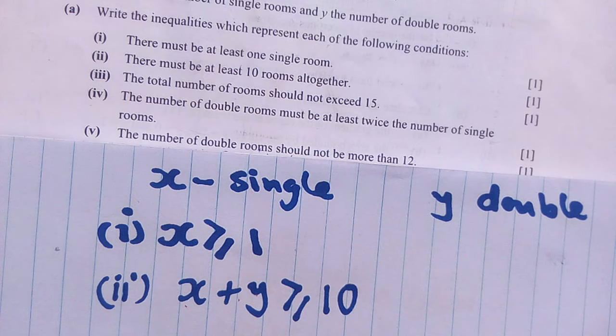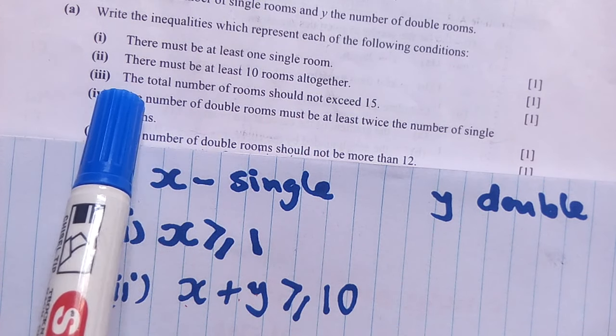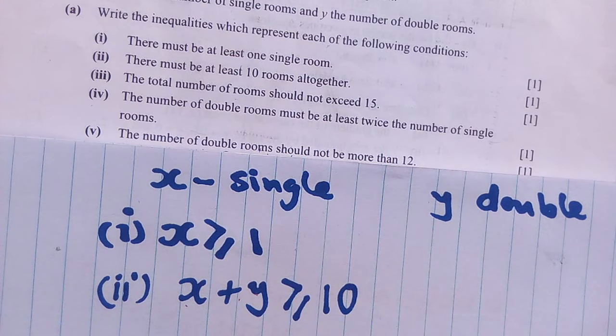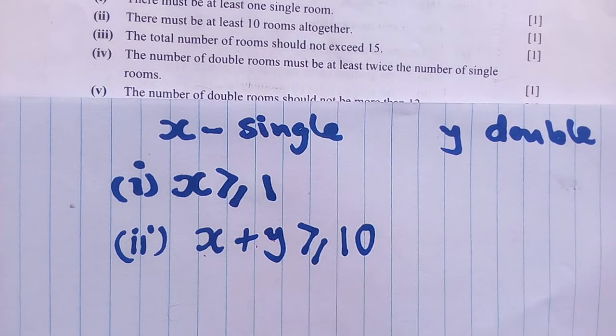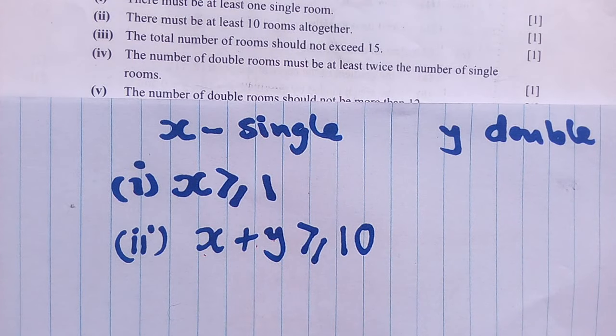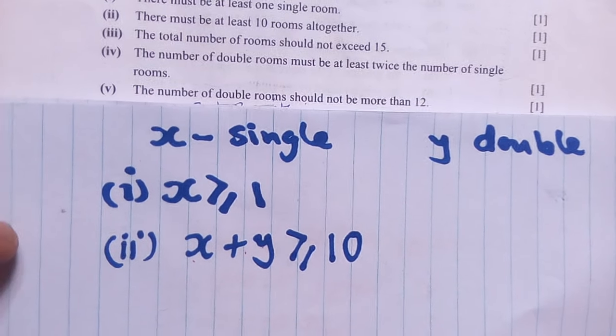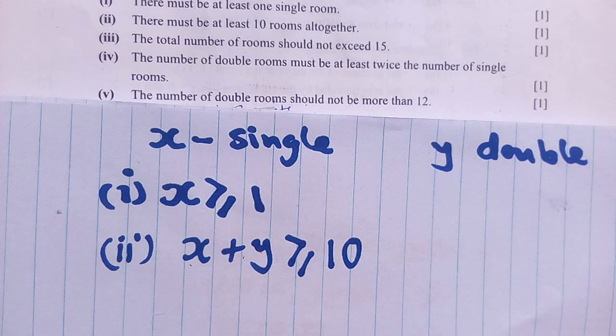Now we go to number 3. The total number of rooms should not exceed 15. Exceed, we know that it means it should not pass 15. When you get the single rooms and double rooms, you put them together, they shouldn't pass 15.